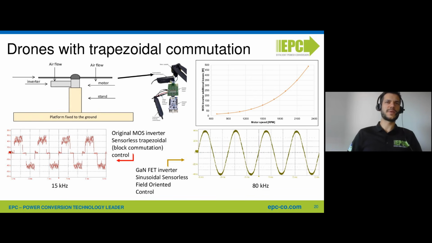So here, the key aspect about the gallium nitride technology is that since the switching losses are very low, there's no problem in going sinusoidal even when the current is very high. While that is sometimes a problem in MOSFET applications, and that is why in some applications, some manufacturers still use block commutation. And this was just one of the two aspects, the other aspect is of course the increase in the switching frequency, because in this case we are comparing 15 kilohertz with 80 kilohertz excitation.